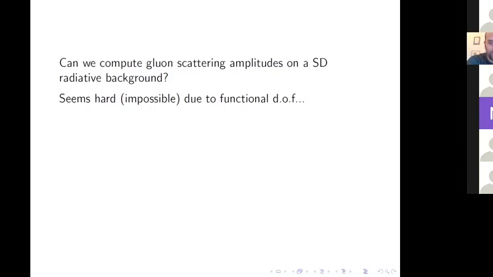Can I ask a question? Yes, please. From the very beginning, can you say whether this technique can be used for the instanton, for example? That's a great question. Let me return to this at the end. Instantons are not in this class of self-dual radiative backgrounds, because the instanton has a center, and somehow that is like a source in some sense.